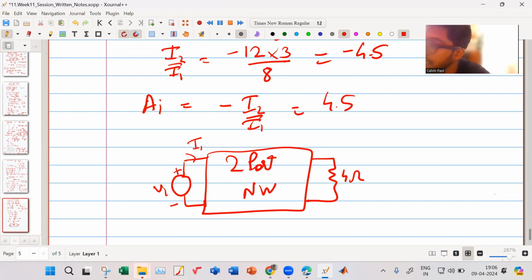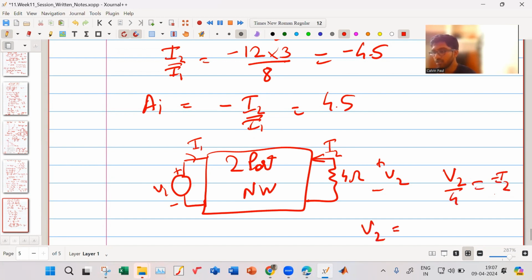Okay. And you have some I2 over here and you have V2 over here. So what is the relationship between V2 and I2? V2 by 4 is equal to minus I2. So you know your V2 is minus 4 into I2.